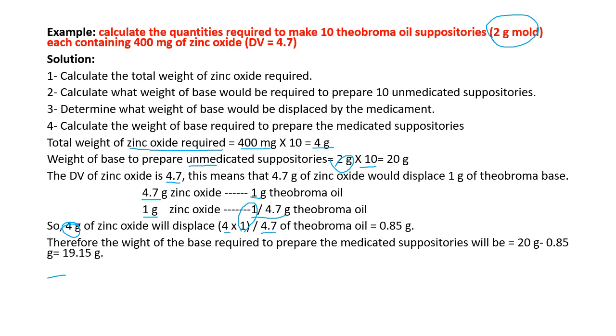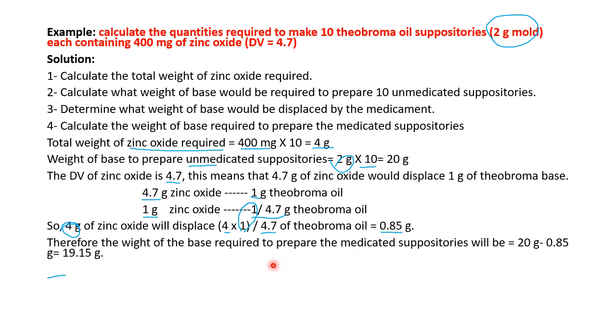This will give 0.85 grams. This means that 4 grams of zinc oxide will displace 0.85 grams of the base.